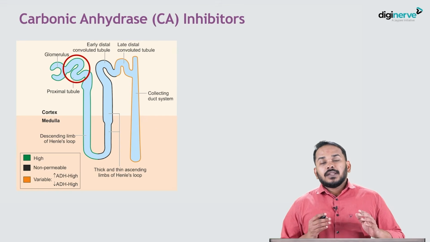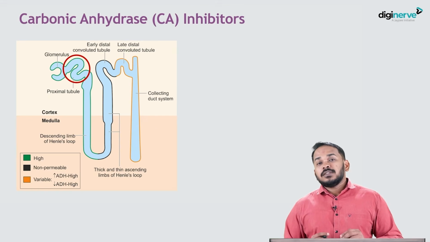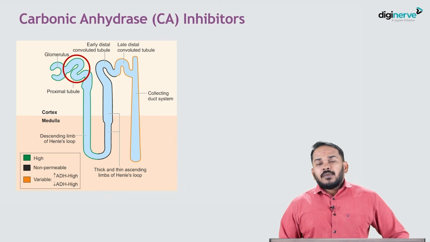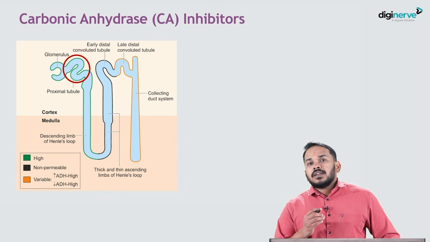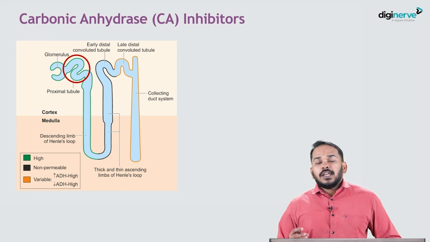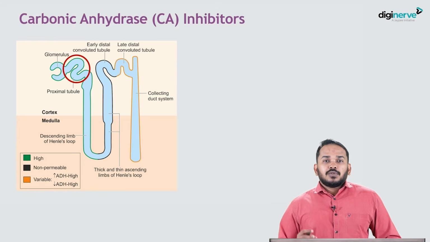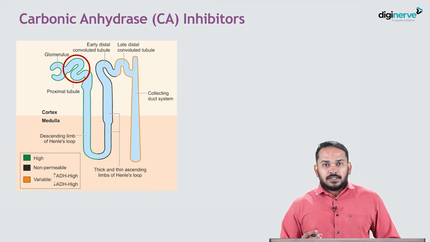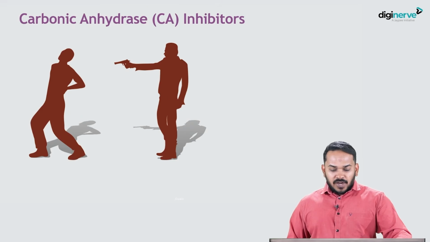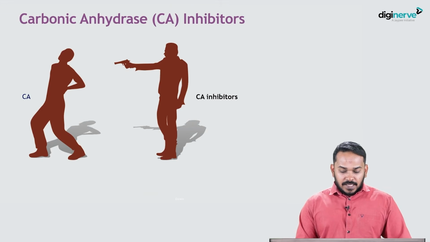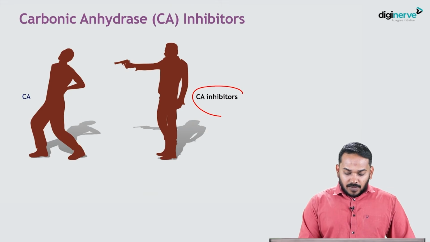So if you remember, there is an enzyme carbonic anhydrase which will help in the dissociation of carbonic acid to carbon dioxide and water, which will result in the movement of carbon dioxide into the cell, where it combines with water in the presence of carbonic anhydrase to form carbonic acid.